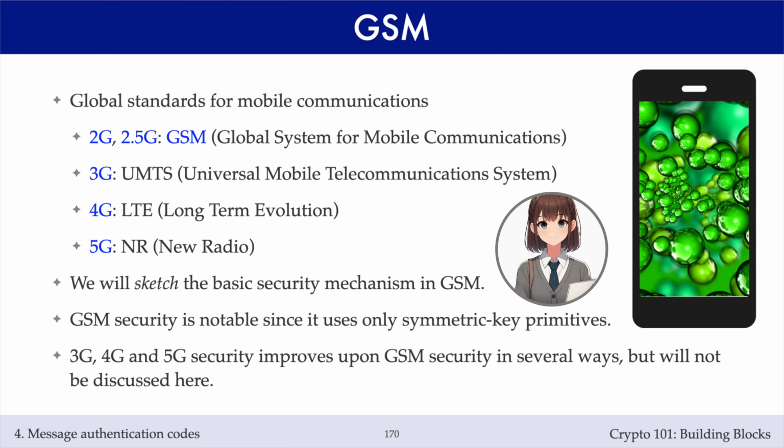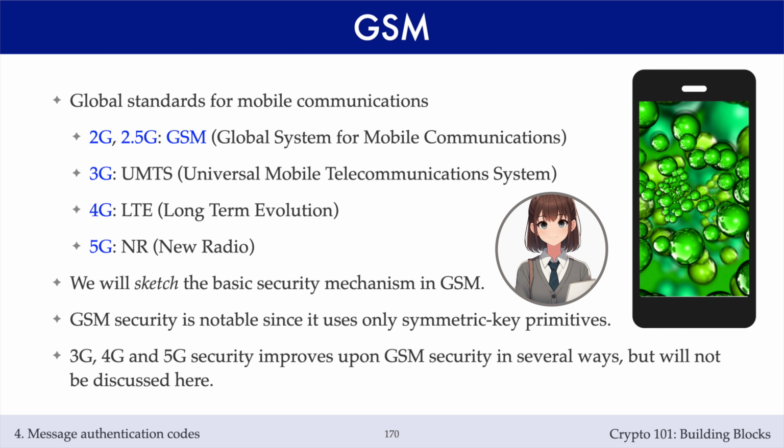Cell phones around the world interoperate with each other because of global standards for mobile communications. The first version of the standard, GSM, or Global System for Mobile, was used in 2G and 2.5G. This evolved to 3G UMTS and then 4G LTE, and we're now in the process of moving on to 5G.